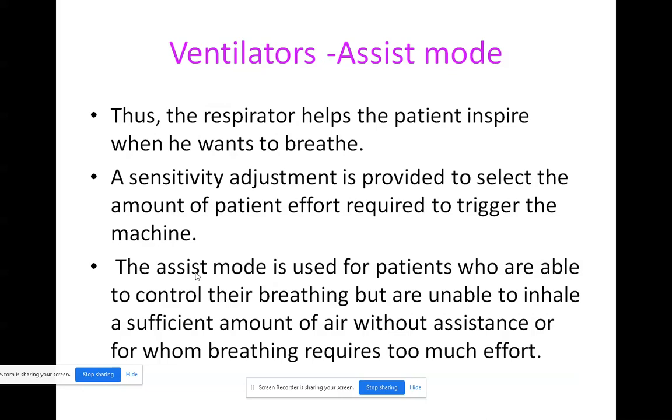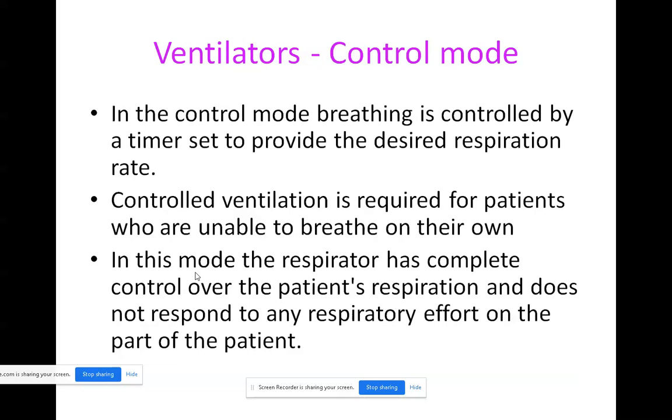The patient himself will do the controlling process because he may be able to breathe. Whenever he feels difficult to breathe, only at that time he will be searching for the ventilator to use. Okay, next, control mode.